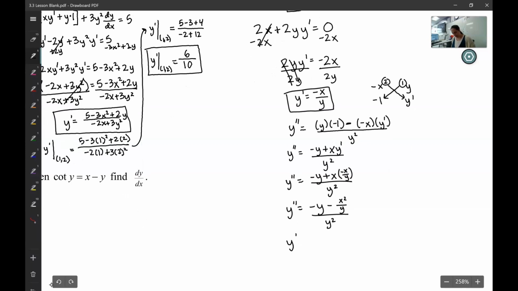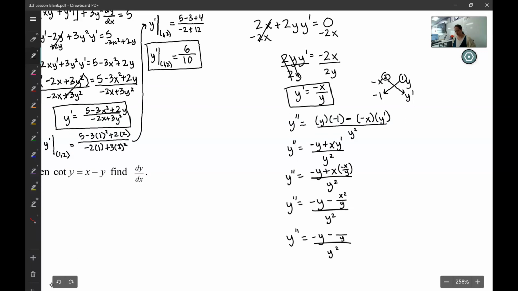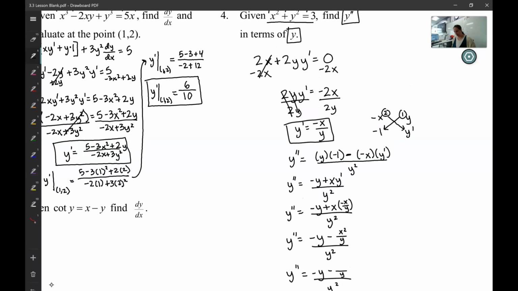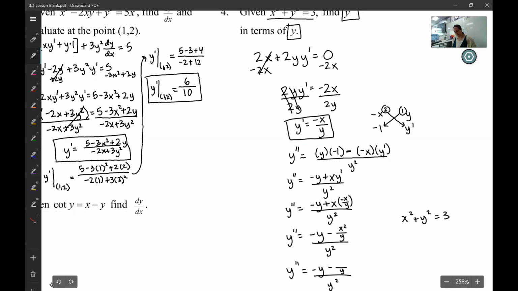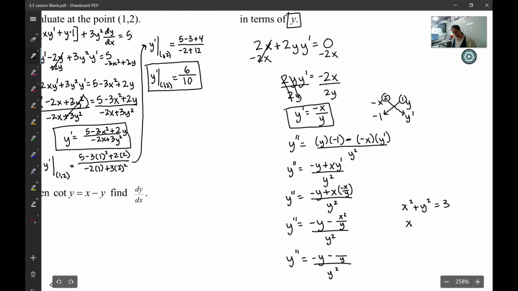Next thing I need to get rid of is my x. And once again, I'm going to be a little tricky about this. I want to substitute x squared. Well, my original equation was x squared plus y squared equals 3. So then I know that x squared is going to be 3 minus y squared.